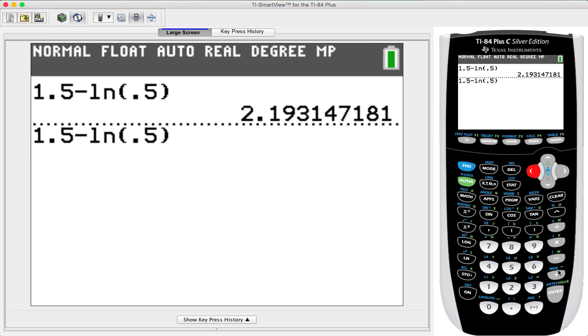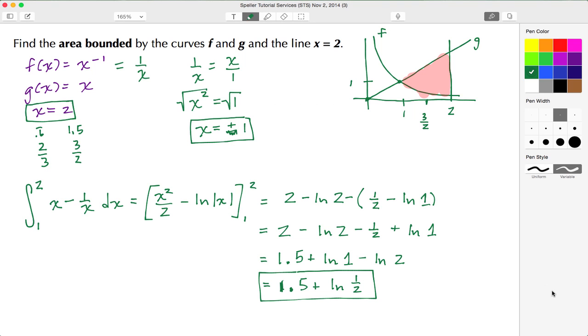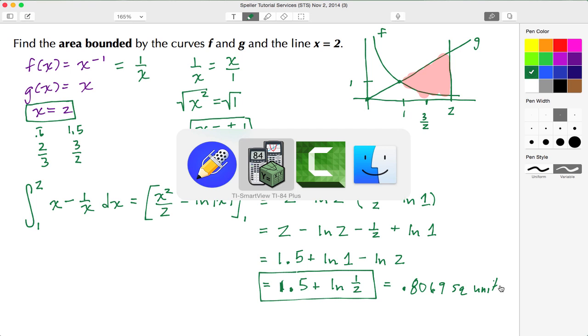It was actually plus, so let's go over again, change that to plus. And we see that we have the approximation. I'm going to put the decimal point 8069. So here we're saying 8069 square units.